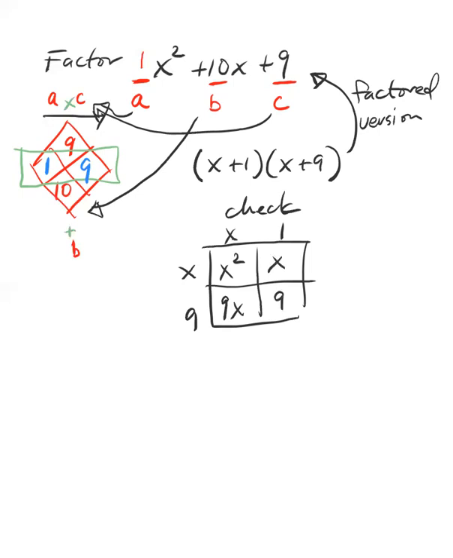And 1 times 9 gets us 9. We have like terms here. So if I gather my like terms, I get x squared plus 10x plus 9.